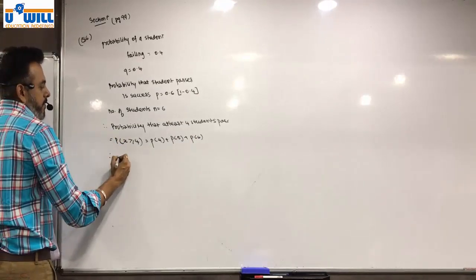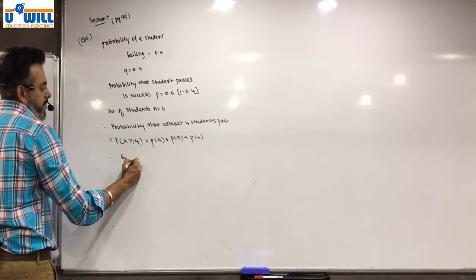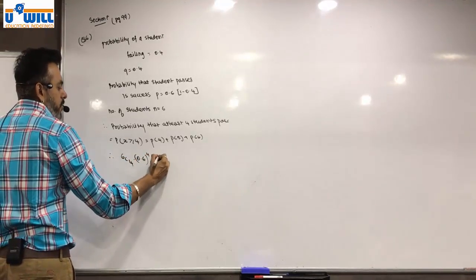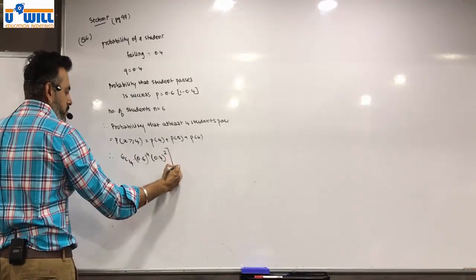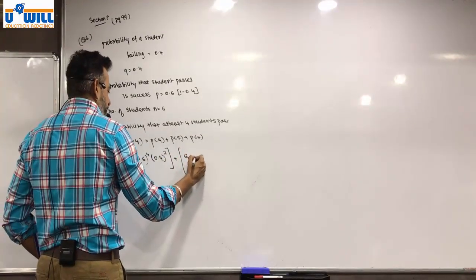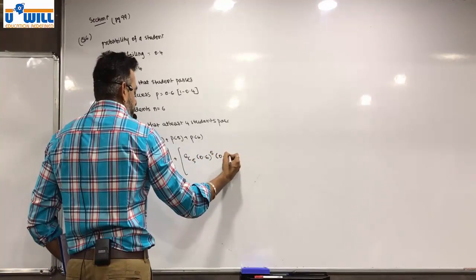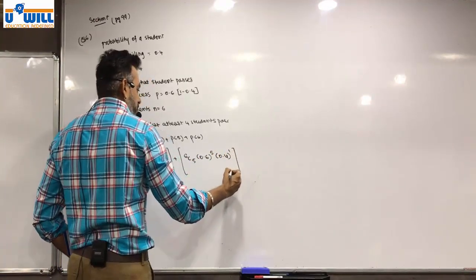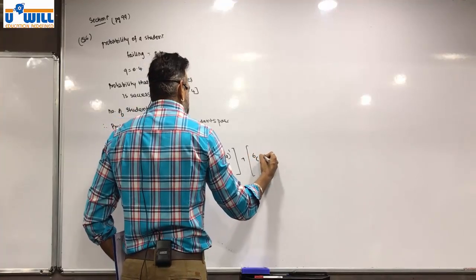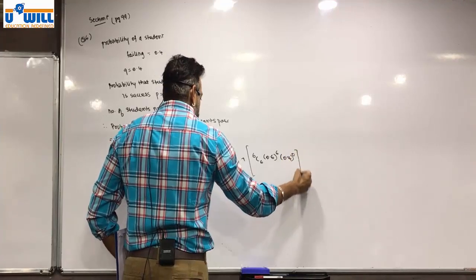Therefore, probability of 4 is 6C4, 0.6 whole raised to 4, 0.4 whole raised to 2, plus 6C5, 0.6 whole raised to 5 and 0.4 whole raised to 1, plus 6C6, 0.6 raised to 6, 0.4 raised to 0.